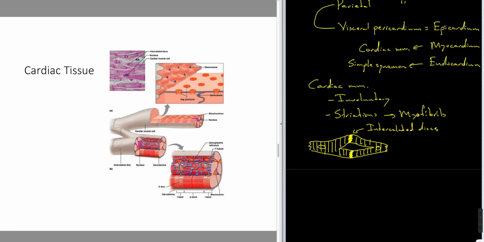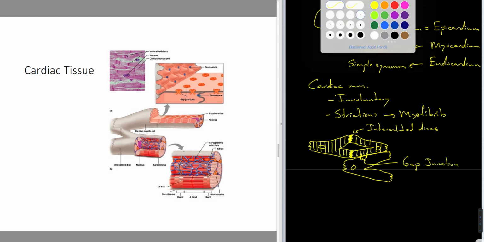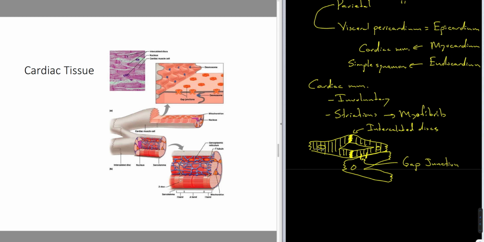Now, another difference between them is when you look at a series or stacks of cardiac muscle fibers, they're going to have gap junctions in them. And like gap junctions of epithelial tissue, it allows for the cytoplasm to be shared amongst the various cells. So here are the gap junctions. And this is especially important in making sure that the muscles are all contracting as a whole.